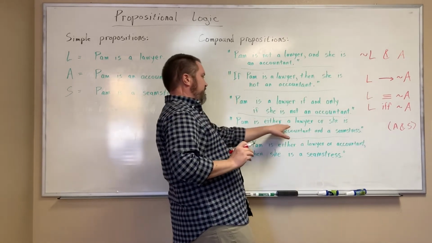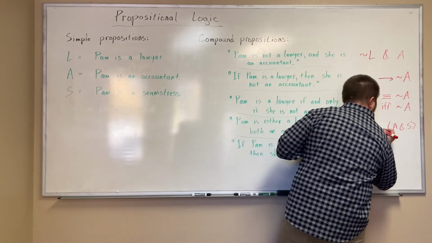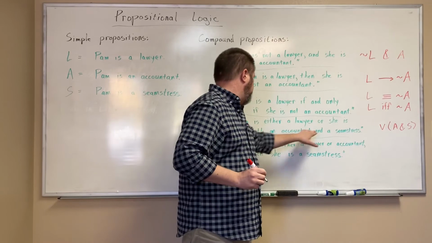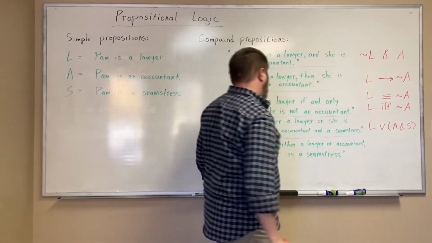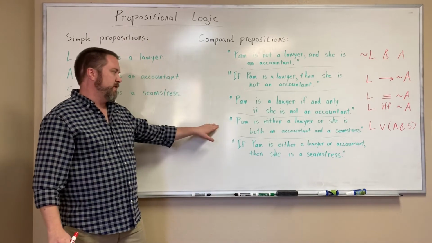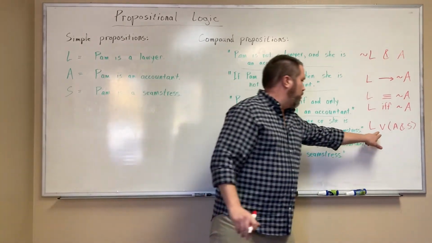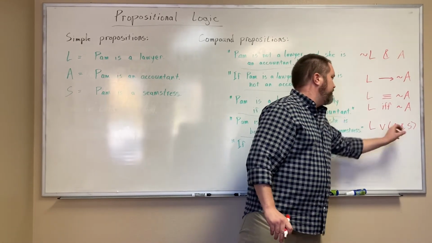So Pam is either a lawyer or, so this is going to be the wedge symbol for the disjunction. And the first part is Pam is a lawyer. So either Pam is a lawyer or she is both an accountant and a seamstress.